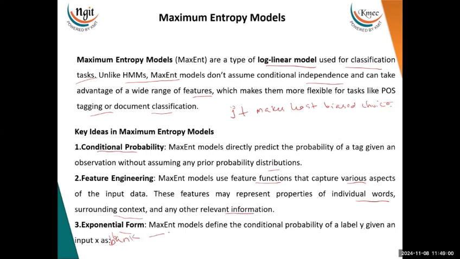Now this maximum entropy model can consider the previous word and context to decide if it is a noun or verb. That's how the maximum entropy models work.